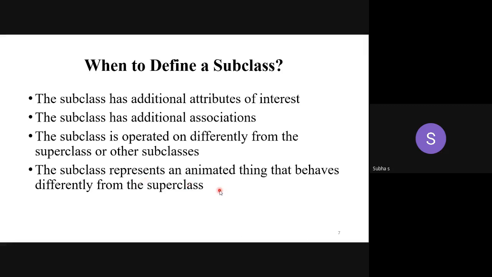That animated thing may not be present in the superclass, but you can represent the subclass using the animated thing. So these are the four things that are applicable for the subclass.